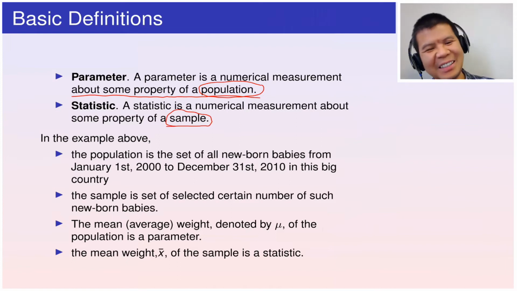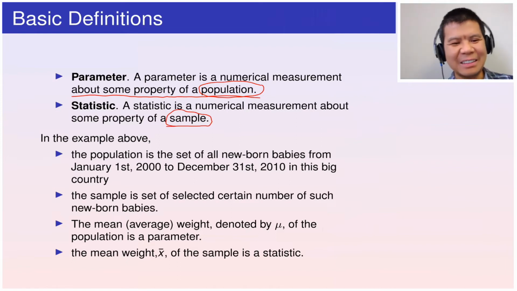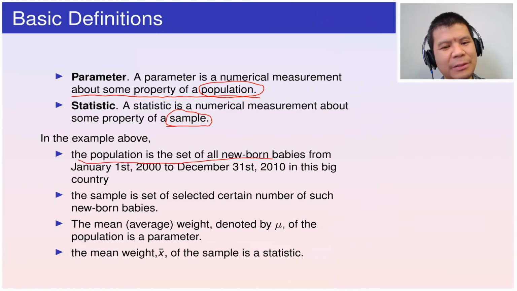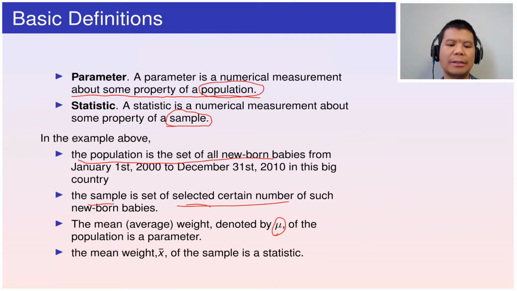So now let's consider the example above. The population we already know: all the newborn babies. The sample is a set of selected babies. The mean weight of the population, denoted by mu, is a parameter. Here mu is a Greek letter.